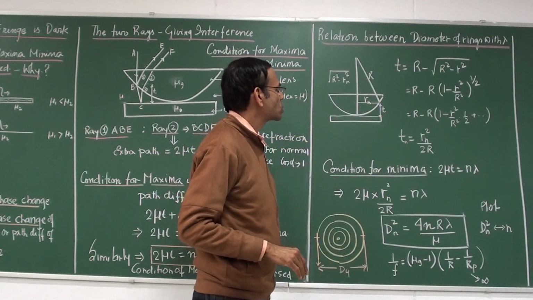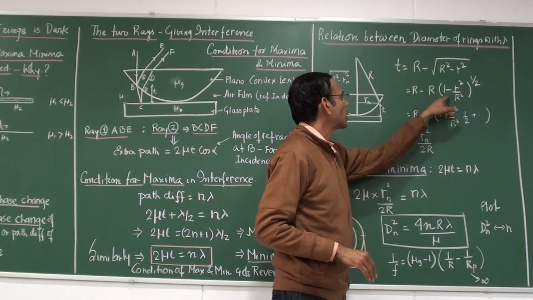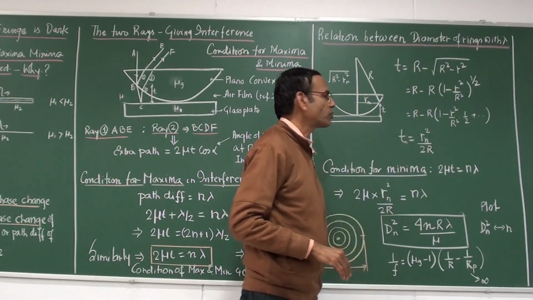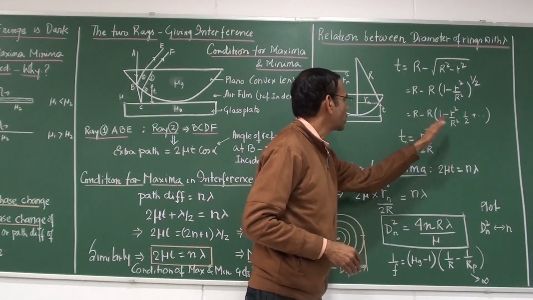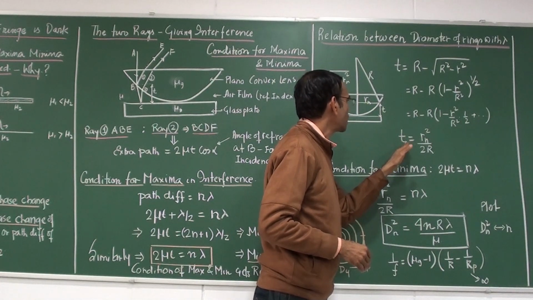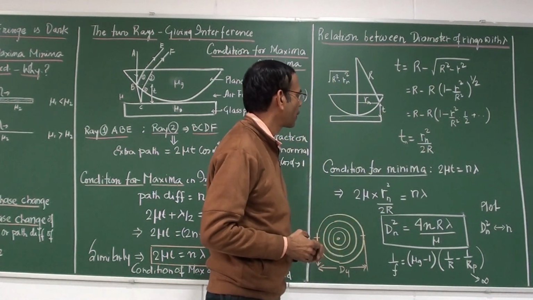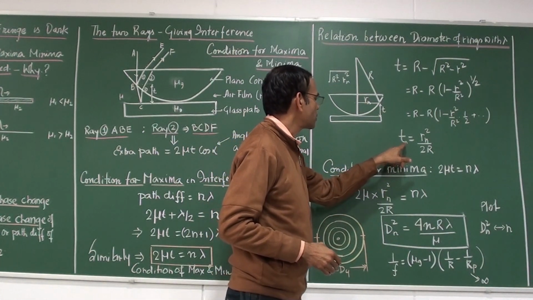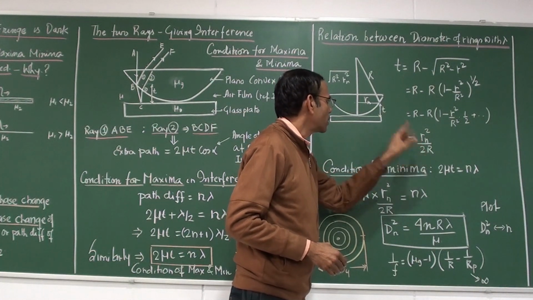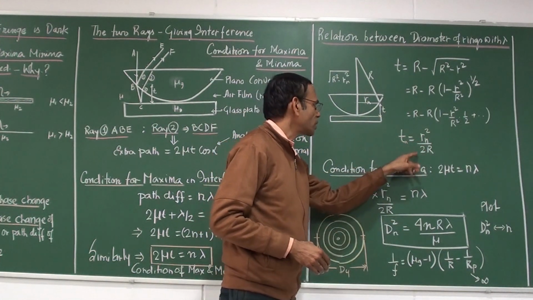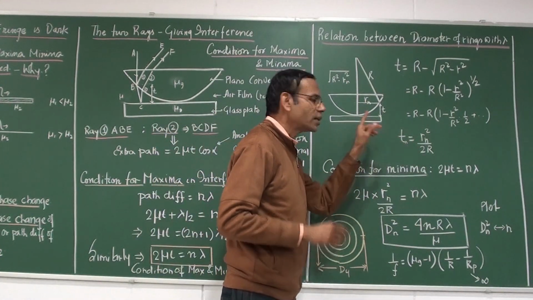If I take R square common, it becomes R minus R (1 minus r square by R square) to the power of half. Using a binomial expansion, I can write like this, and finally t_n becomes r_n square by 2R by some approximation. As you see, I have expressed the thickness in terms of the radius of curvature and also the radius of the ring. r_n is the radius of the nth ring.